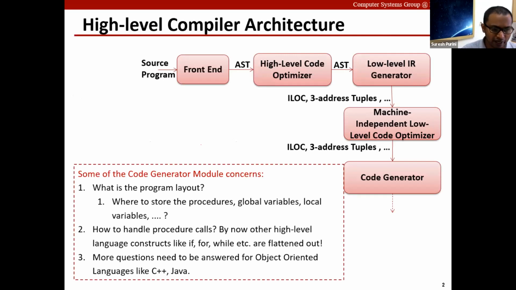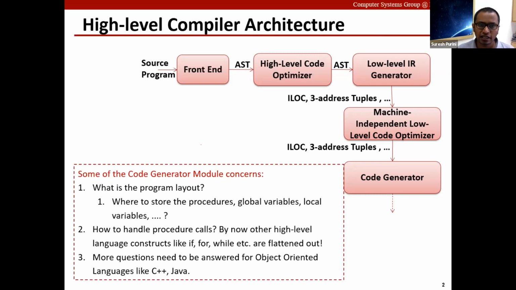So this is the summary so far. The compiler takes your source program, and the front end of the compiler checks for syntactic and semantic errors. If there are no syntactic errors, it constructs an AST. On the AST, it performs a semantic analysis.